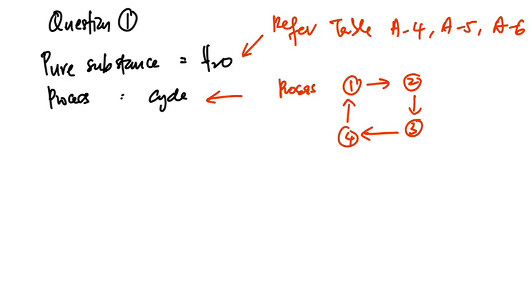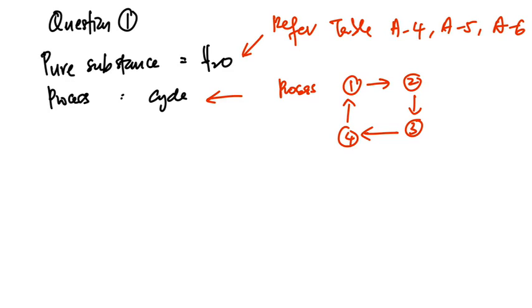Okay, for question 1, the pure substance given is water. So you will refer to tables A4, A5, A6, maybe A11, related to the answer that you are going to get.